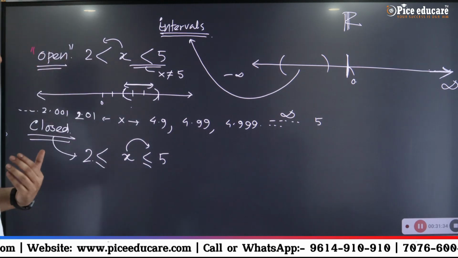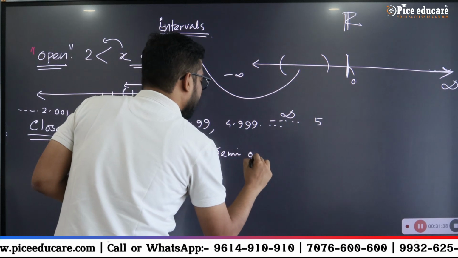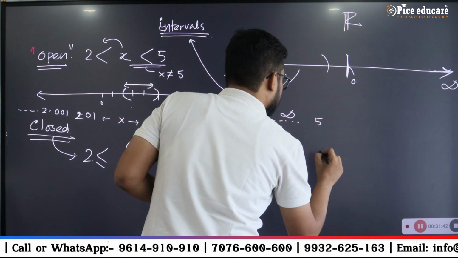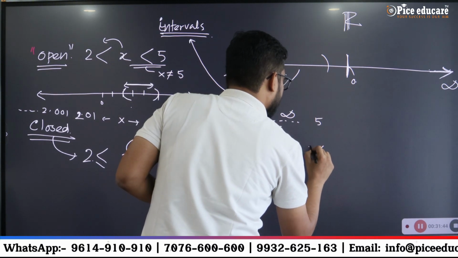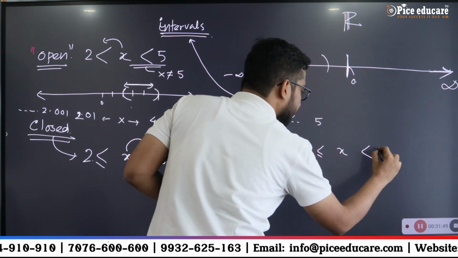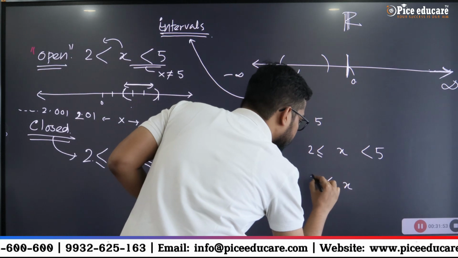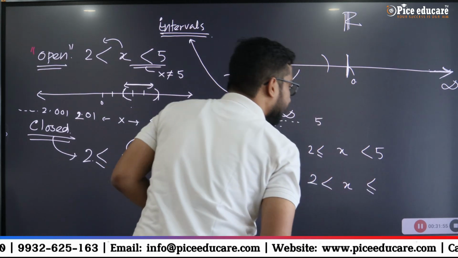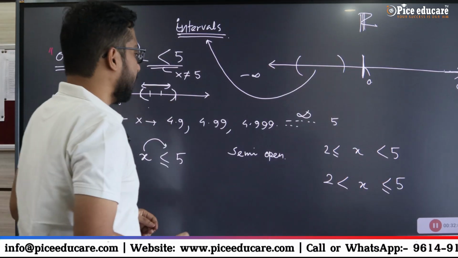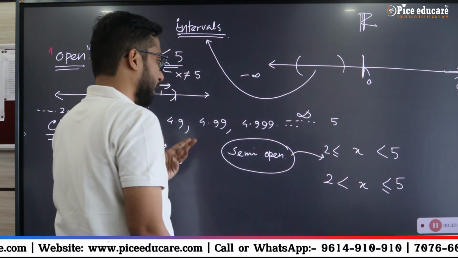For example, I have something called semi-open. I can say that this side we write greater than or equal to 2, but on this side it is strictly less than 5, or the other way. These are semi-open intervals. Semi-closed is the same thing.